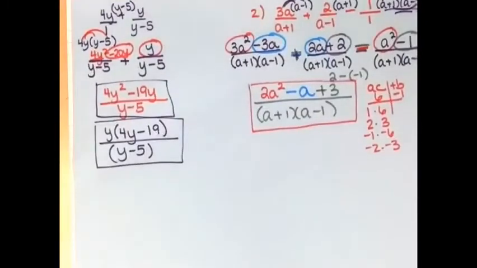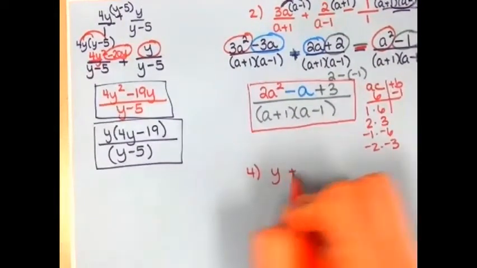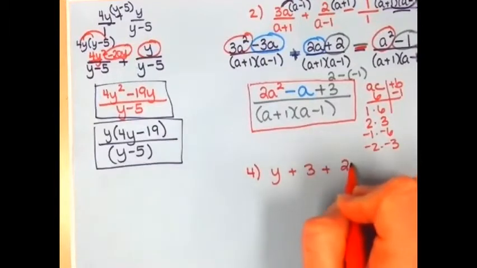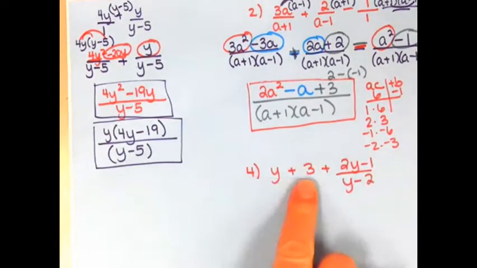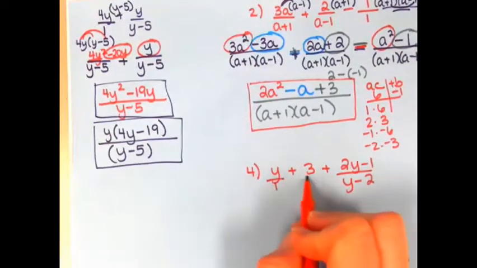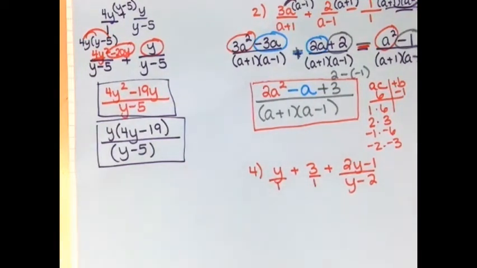Do number 4 next. We have y plus 3 plus 2y minus 1 over y minus 2. So y plus 3, isn't that over 1? Okay. So what's my common denominator between 1, 1, and y minus 2?